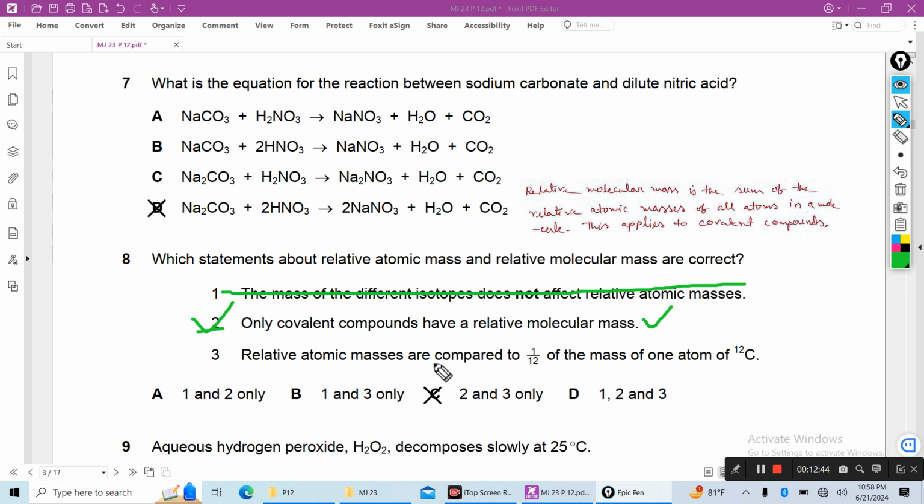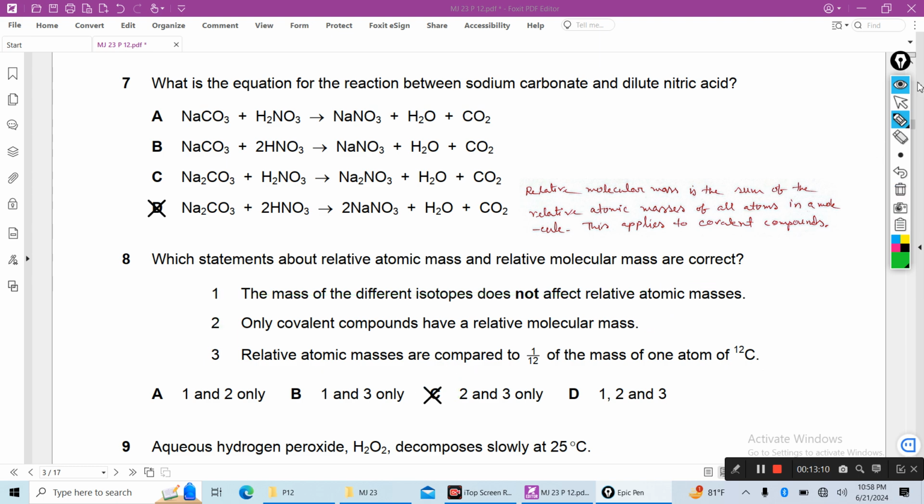Relative atomic masses are compared to 1/12 of the mass of one atom of carbon 12. This is the definition of relative atomic mass: the average mass of one atom compared to 1/12 mass of carbon 12. 2 and 3 is the right answer. So C is the correct answer.